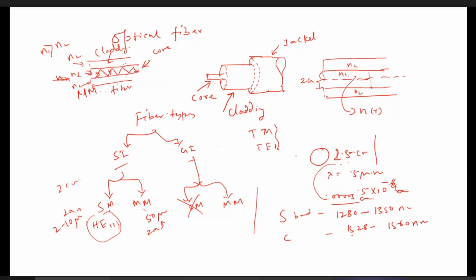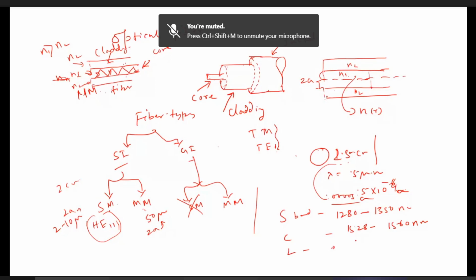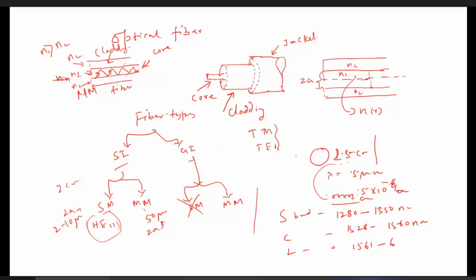And L band, the longer wavelength side, is 1561 to generally till 1620 nanometers, in this range, right? All are in the frequency of terahertz, right?